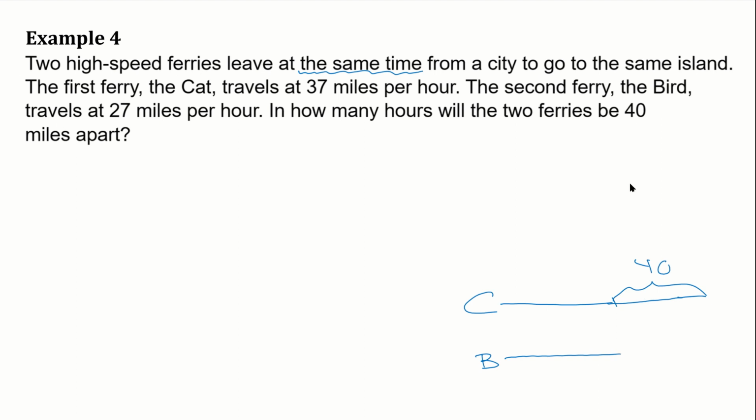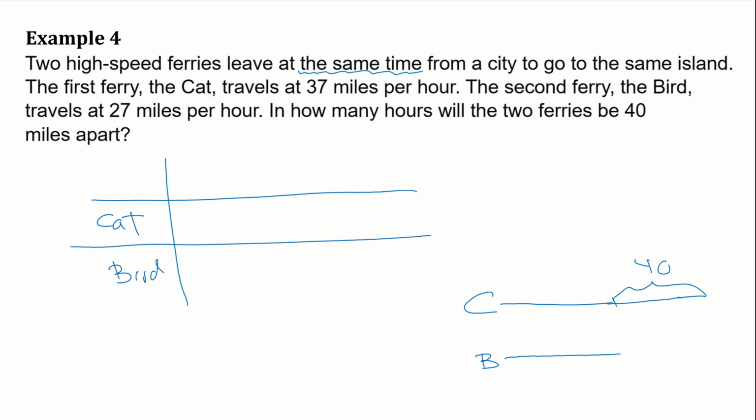So in order to do the problem, we are going to utilize the same kind of table that we did in the previous problem, but of course, we'll set it up a little bit differently. So our two categories here are going to be Cat and Bird, right? Of course, the table is going to look similar.